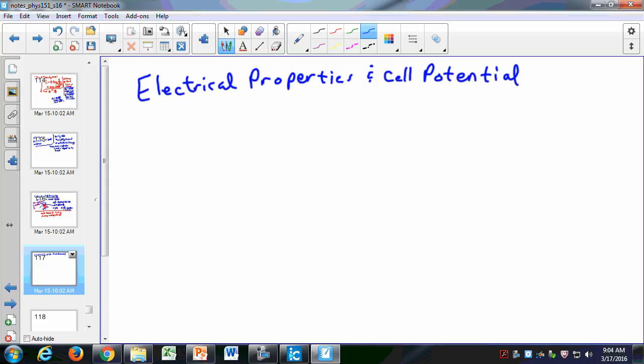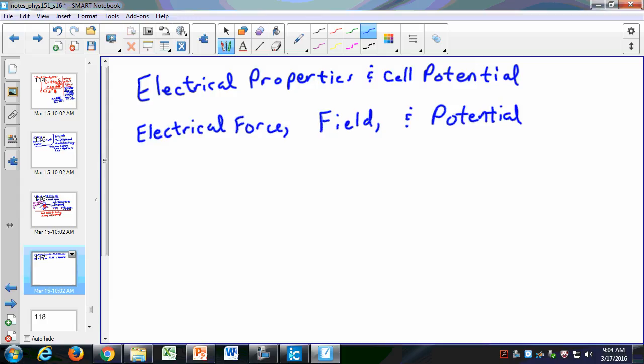Those are all related to one another, but they're also different. So we're going to look at forces, fields, and potential. When we're learning about how electricity is used in the body to transmit information, like in your nerve cells, these will become important. We'll talk about all three of these actually.